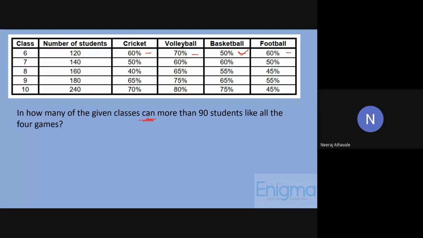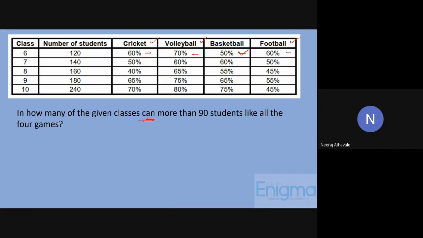So basically minimum number of the class standard class 6 is 50% who like basketball. So it can be assumed that वही 50% लोग फुटबॉल भी पसंद करते हैं, वॉलीबॉल भी पसंद करते हैं एंड क्रिकेट भी पसंद करते हैं. So that means 50% of the students of class 6 can like all 4 games.